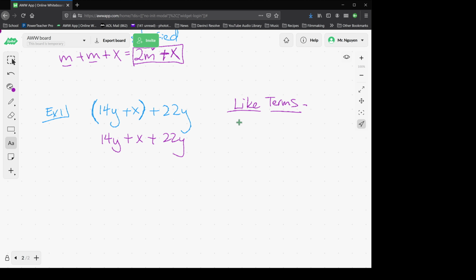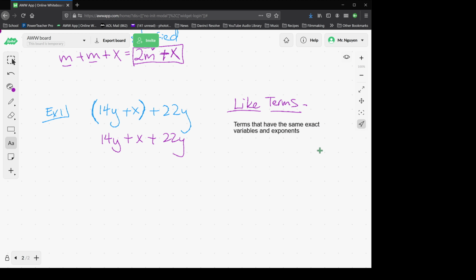Like terms are, let me increase the size of this. Like terms are terms that have the same exact variables and exponents. Okay?